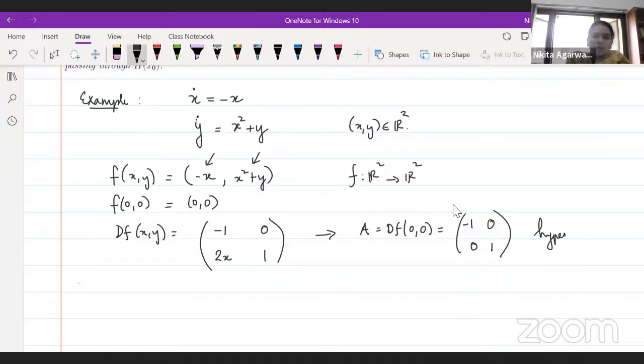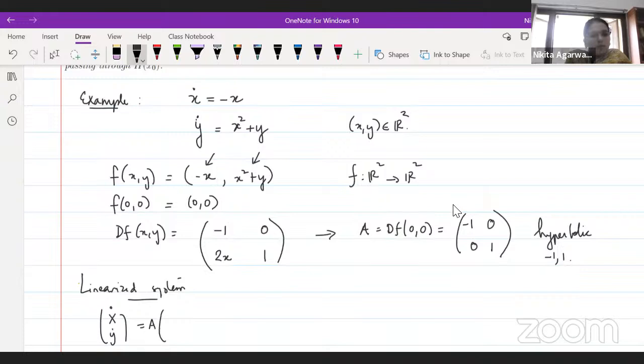So this is hyperbolic because its eigenvalues are negative 1 and 1, which both have non-zero real part, right? So let us look at the linearized system. What is the linearized system? It's x dot, y dot equal to A times x, y, which is nothing but negative x, y, right?